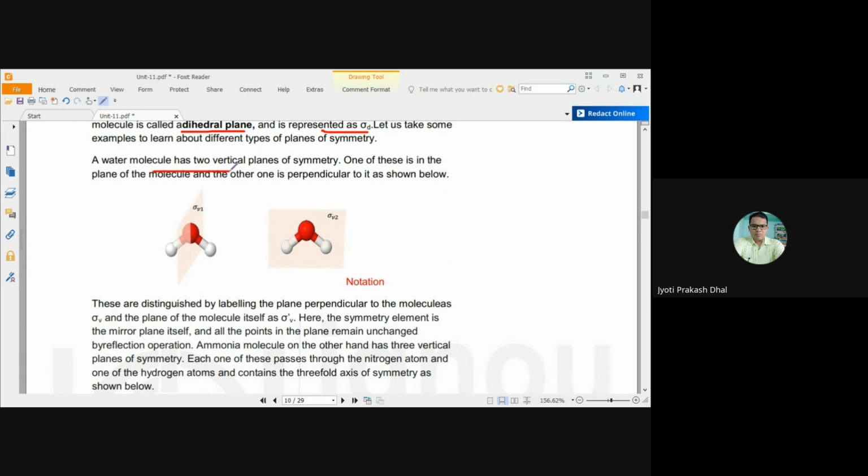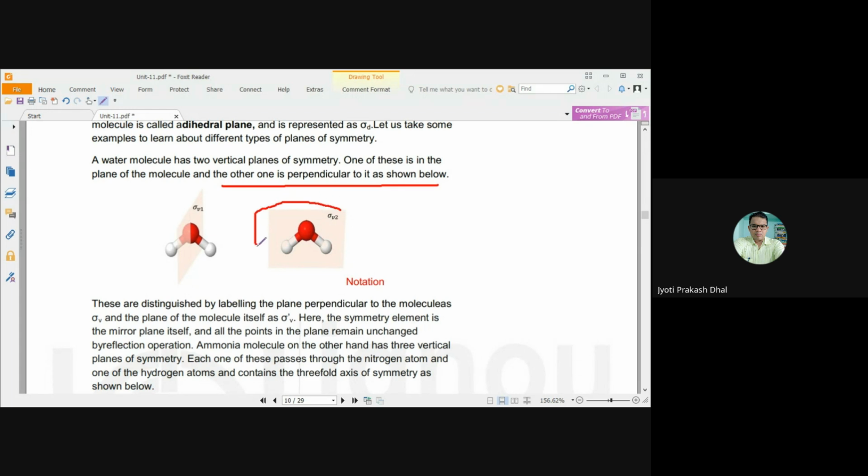A water molecule has two vertical planes of symmetry. The first is the plane of the molecule, and the other is the plane perpendicular to the molecule.